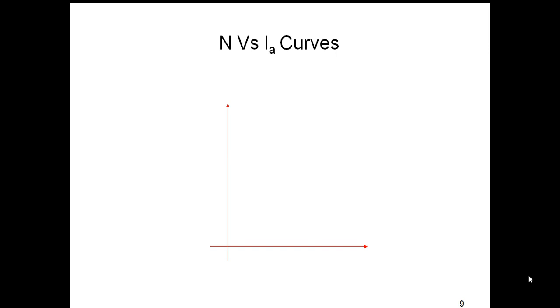Here on y-axis represent speed N, and whereas on x-axis represents the armature current. And if we draw a curve between these, it will be like this, represented by a green line. And here the dotted line represents the rated speed.